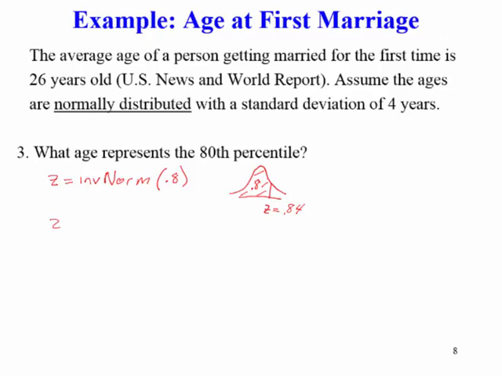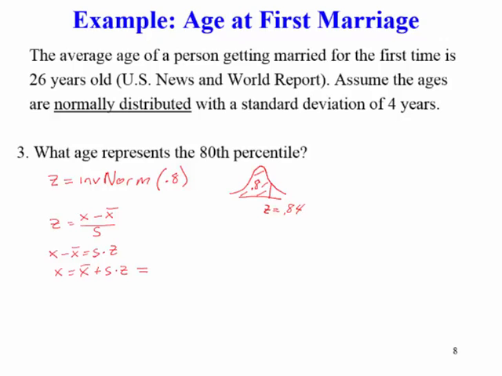Now z is equal to (x minus x bar) over s. And we can solve that now for x. We multiply the s over here. So we get x minus x bar is equal to s times z, or x is equal to x bar plus s times z.